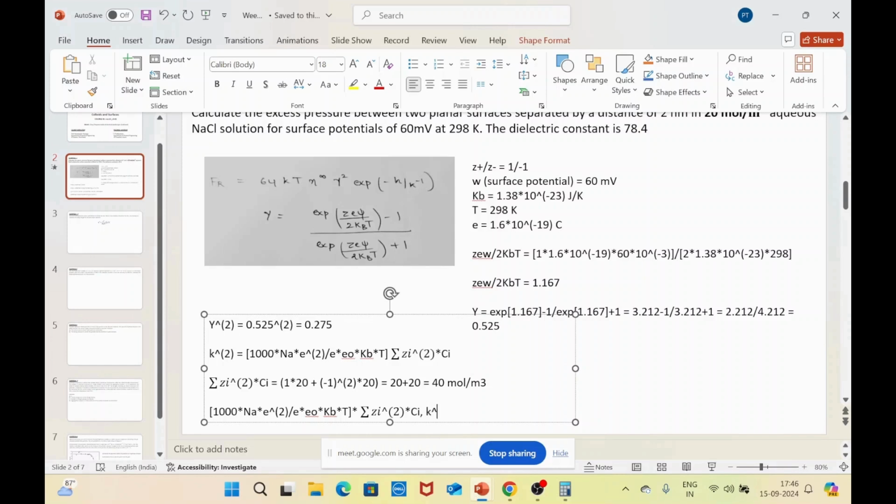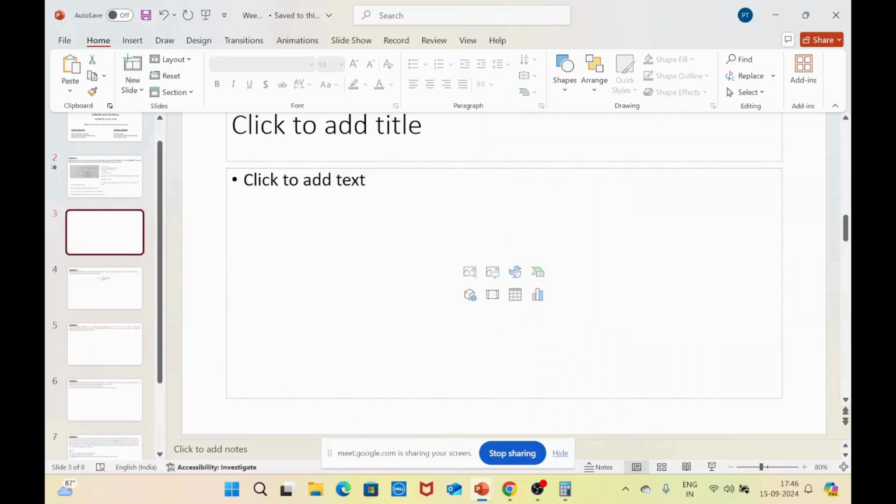Kappa inverse is around 2.15 nanometers. So if you use this, and then let me just show the other.